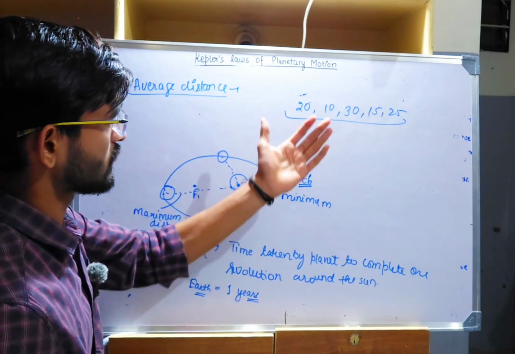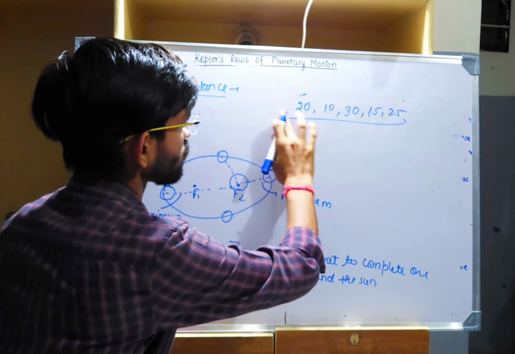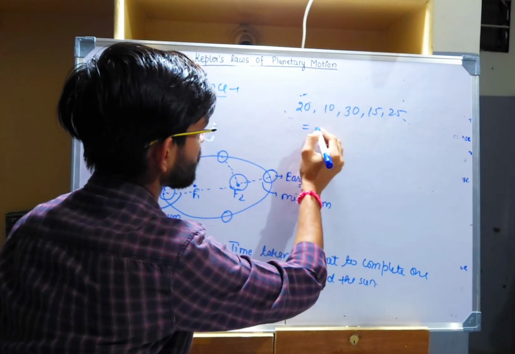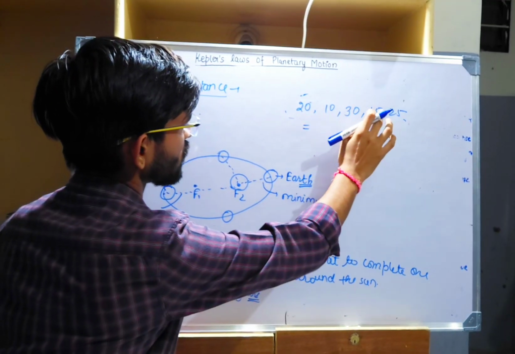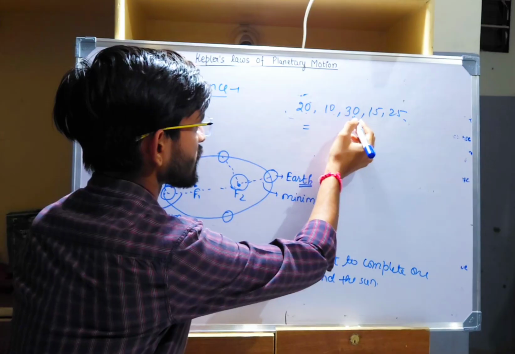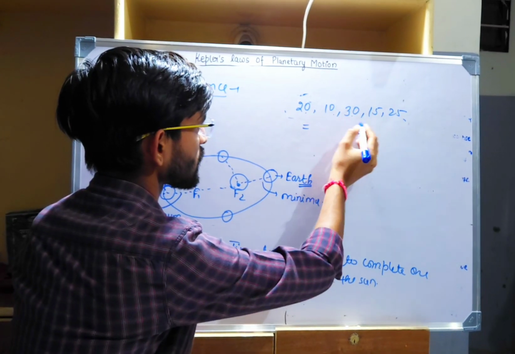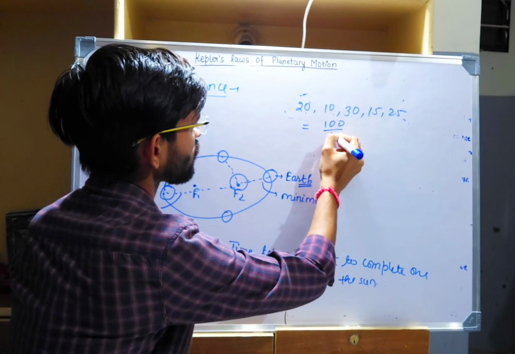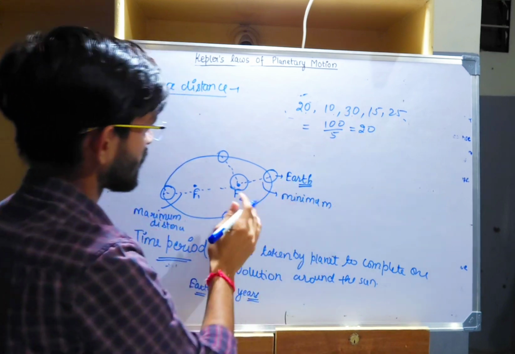If you have to take the average of this data, how do you find it? Average equals the sum of all the numbers upon the total numbers: 30 plus 30 is 60, plus 40 is 100, upon 5, so the average is 20.